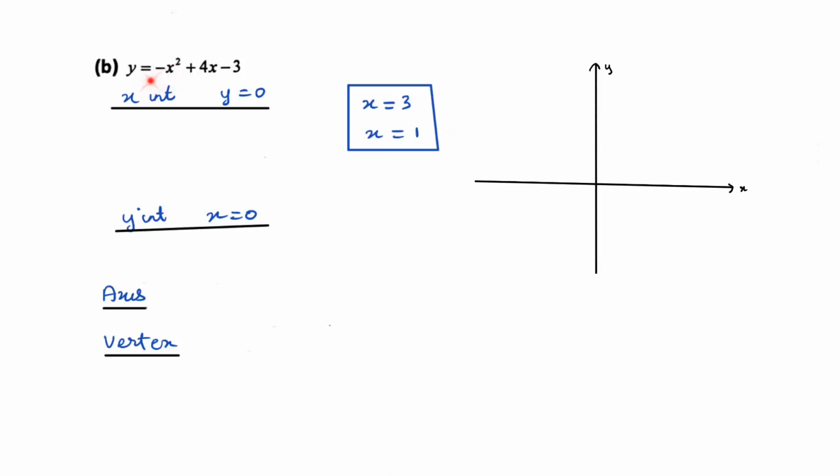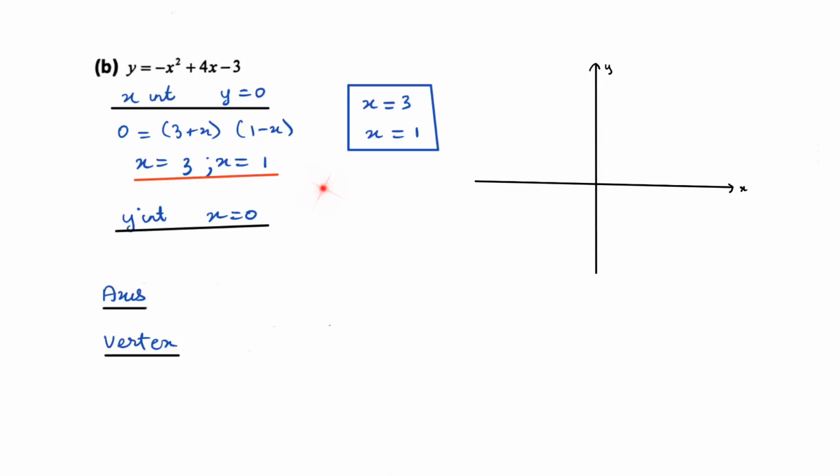Because our x squared is negative, the way we write the factors is going to be 0 is equal to bracket 3 plus x and 1 minus x. One of our x must be positive and the other must be negative. And so we have x is equal to 3 and x is equal to 1.